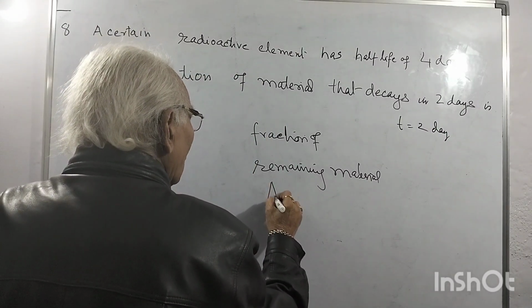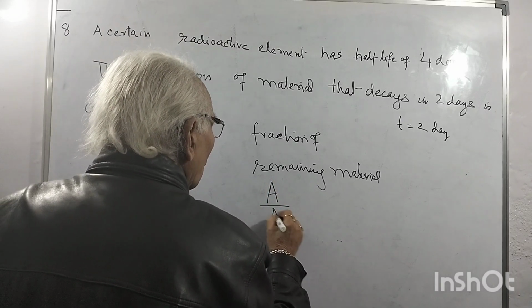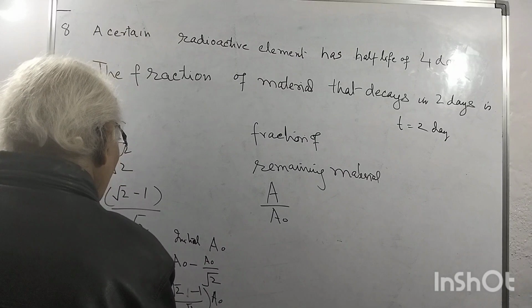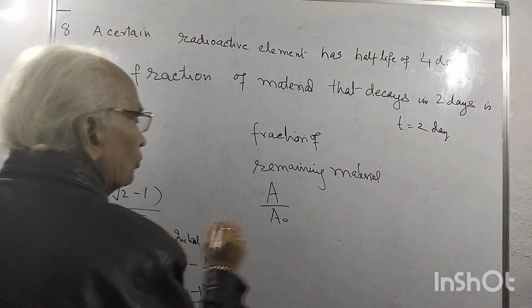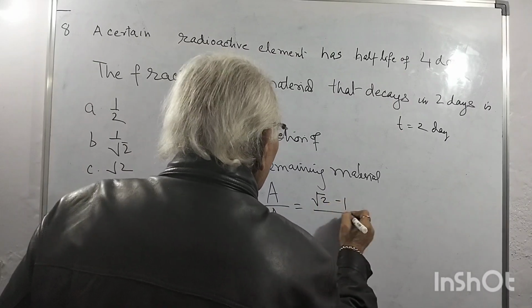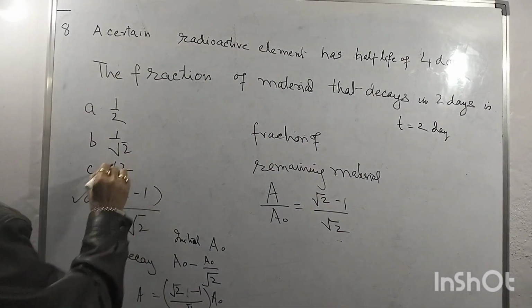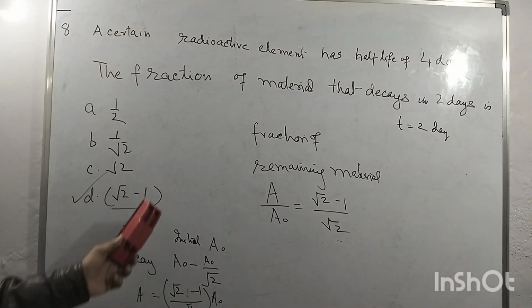How much is A over A naught? Fraction: this is A, remaining, and A naught is initial. A over A naught means under root 2 minus 1 by under root 2. So this D part is the correct answer: under root 2 minus 1.